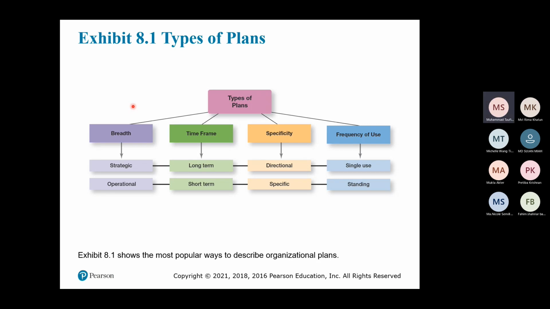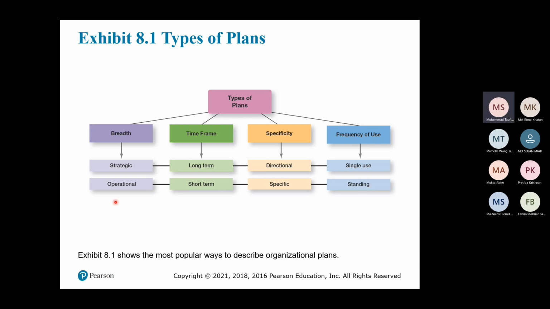All right, and then there are many types of plan. For example, based on scope, we have strategic and operational. Based on time frame, we have long-term plan or short-term plan. Based on specificity, either it is directional or specific. And based on frequency of use, either it is a single-use plan or a standing plan, or multiple-use plan. So these are the classifications of plan in the organization.